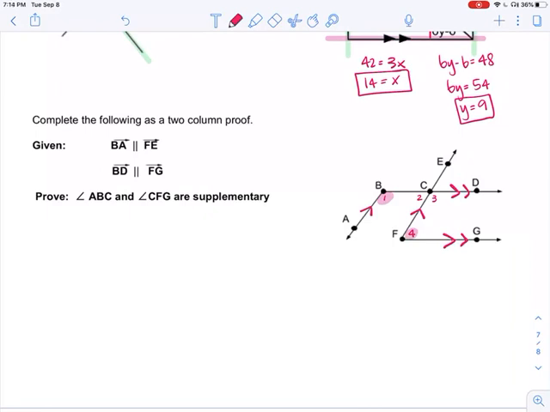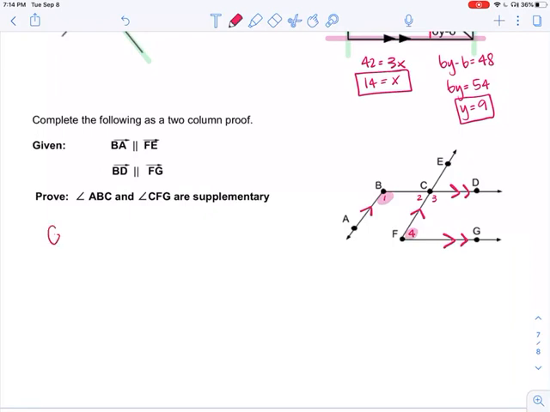So one thing that I can see is that 1 and 3 are corresponding, and 3 and 4 are same side interior. You could also say that 1 and 2 are same side interior, and 2 and 4 are alternate interior. I'm actually going to use 1, 3, and 4 and start out with that.